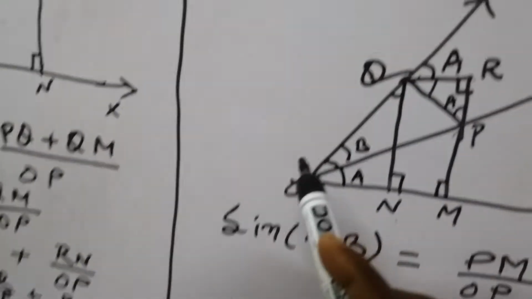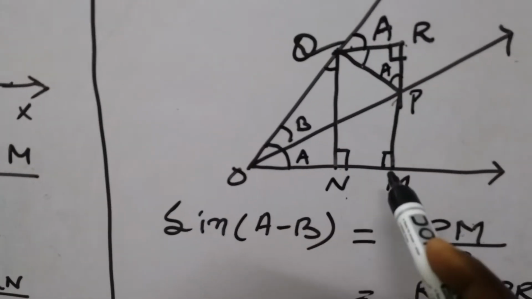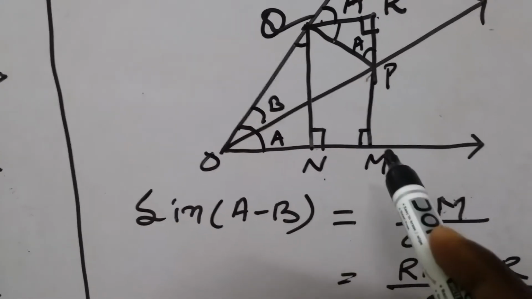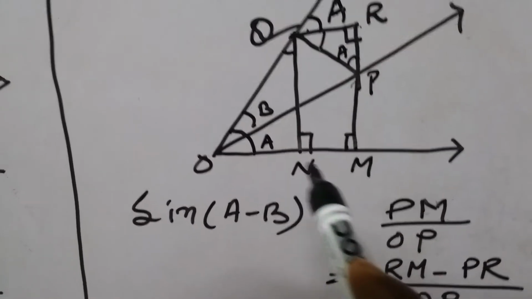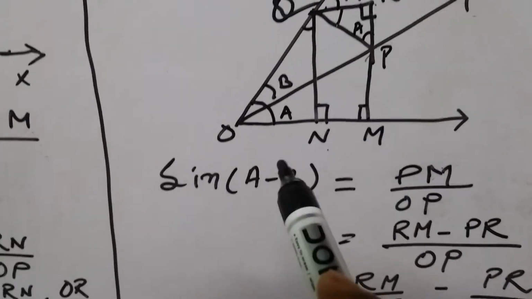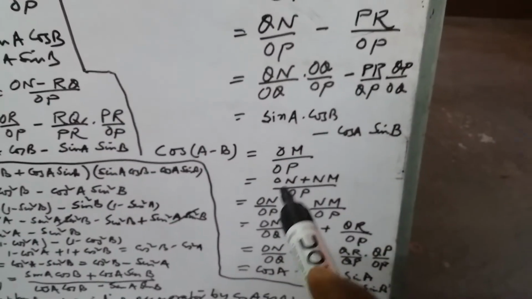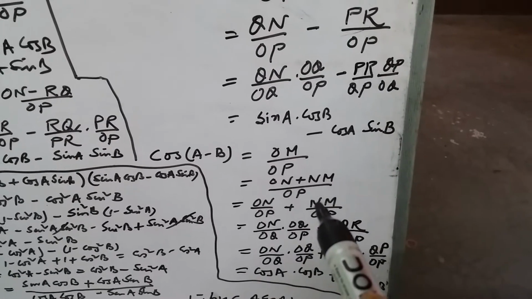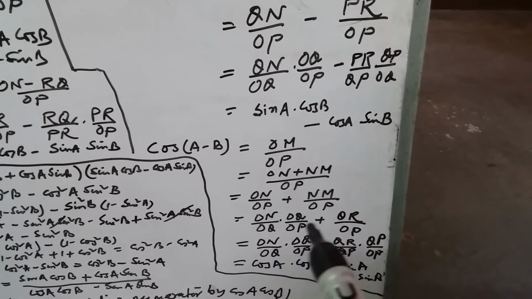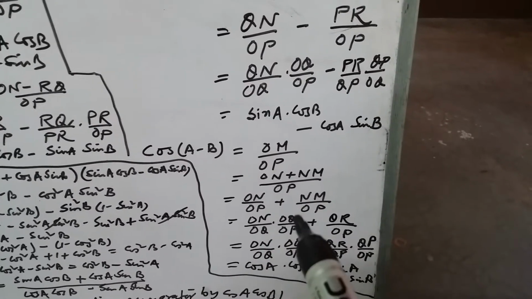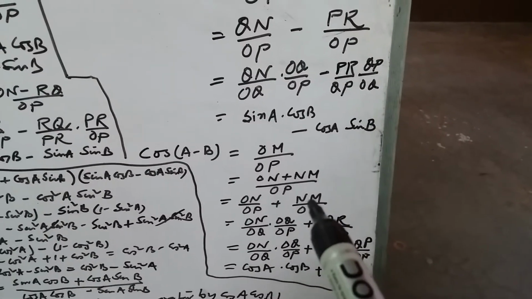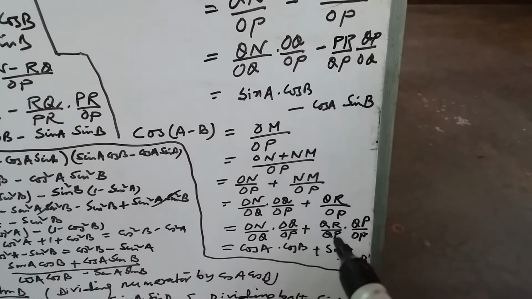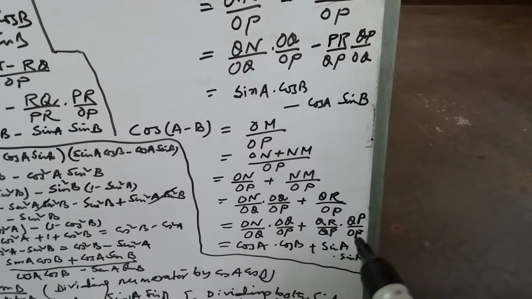And cos(A-B). What is cos(A-B)? This angle, OM by OP. OM equal to ON plus NM, NM equal to QR. So ON plus NM by OP, then ON by OQ, OQ by OP, and put NM equal to QR, then QR by QP, QP by OP.